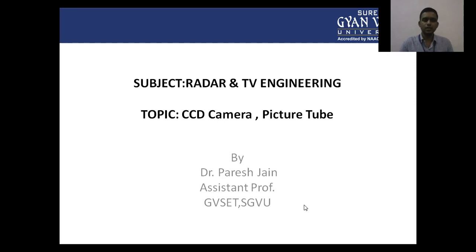In the previous lecture, we discussed the types of camera tubes and picture tubes. Now we will discuss today CCD cameras and picture tubes. So the camera is used to capture the pictures, and the picture tubes are used at the receiver sections.